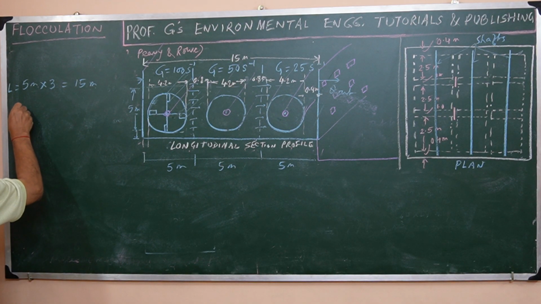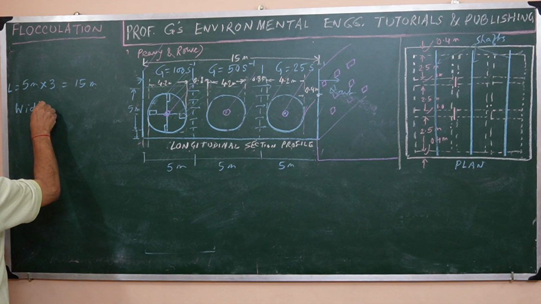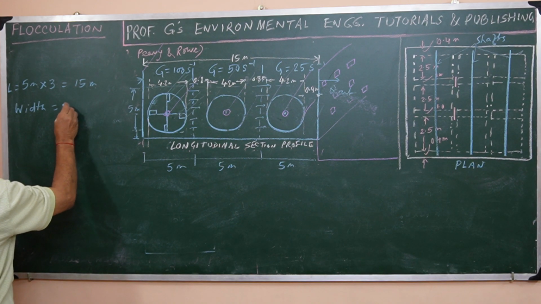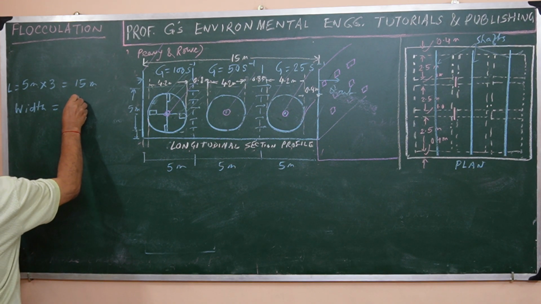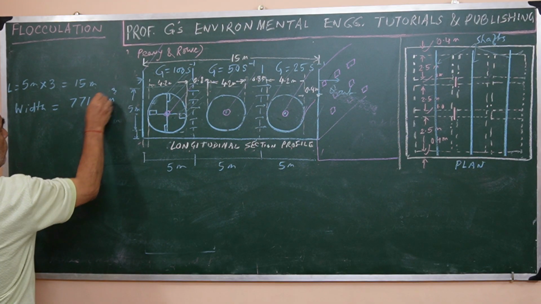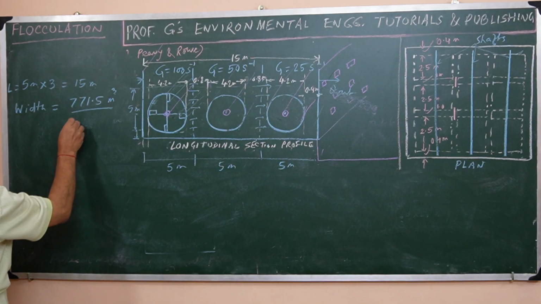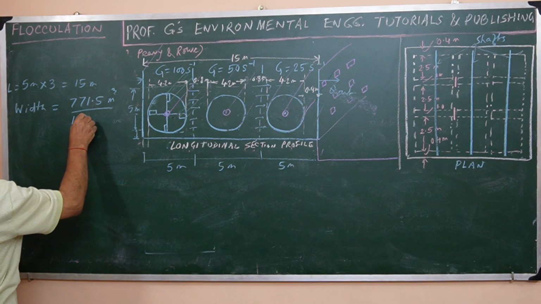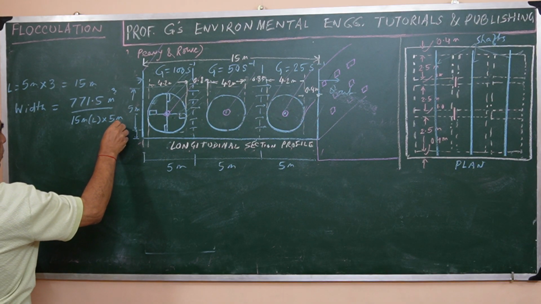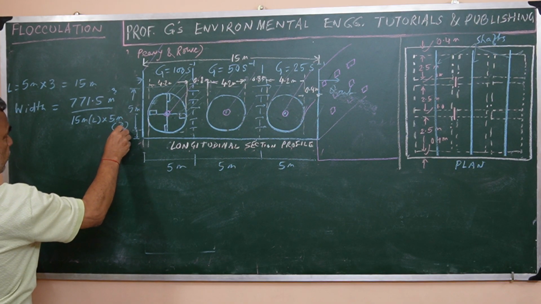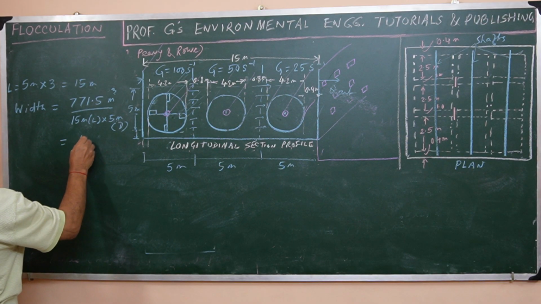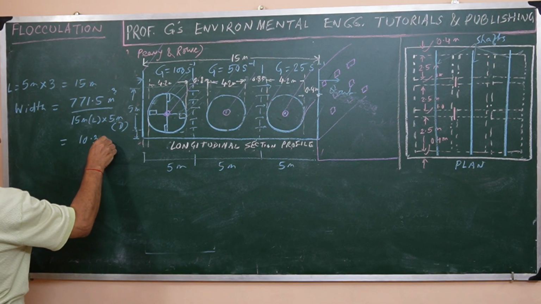So width will be, our volume, you know, 771.5 meter cube, that is the volume, divided by 15 meter length, into 5 meter, let us say the depth D. So this would be giving you 10.3 meter.